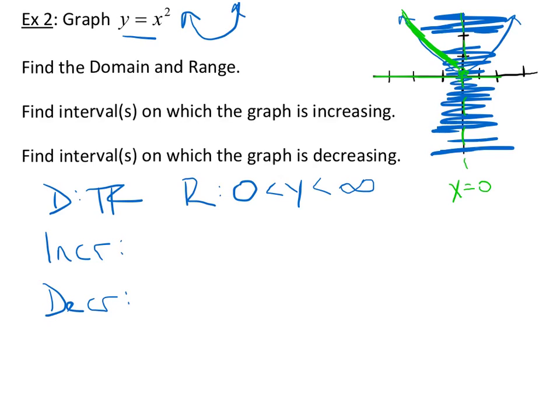Remember, when I'm dealing with the x-axis, all the way to the left is negative infinity, all the way to the right is positive infinity. So I am decreasing from negative infinity until I get to 0. And then, starting at that low point, now I start increasing again from 0 to infinity.